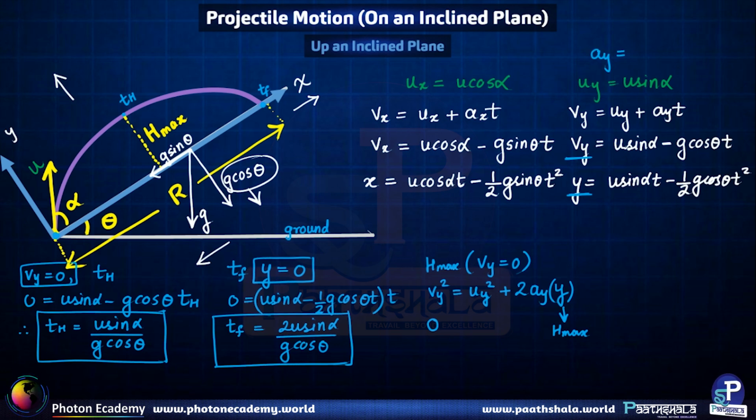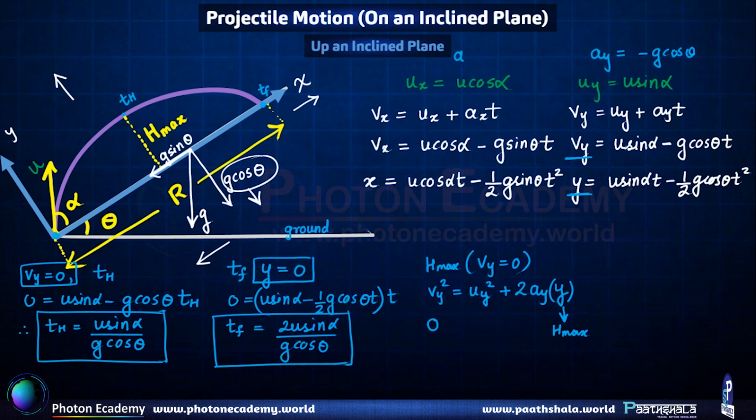Acceleration in the y direction happens to be minus g cos theta, and acceleration in the x direction, ax, happens to be minus g sin theta. So 0 is equal to uy squared. What's the value of uy? It's u sin alpha.